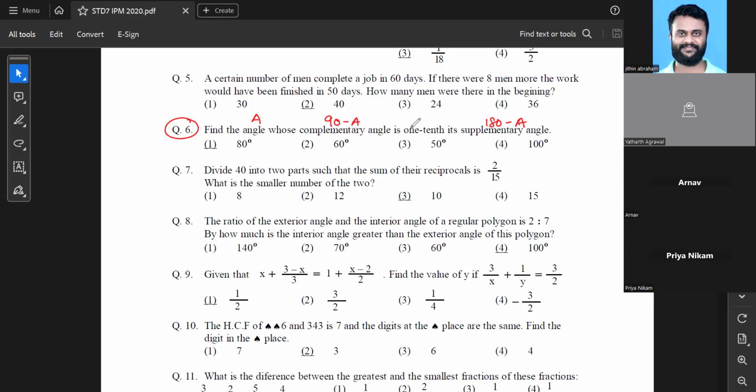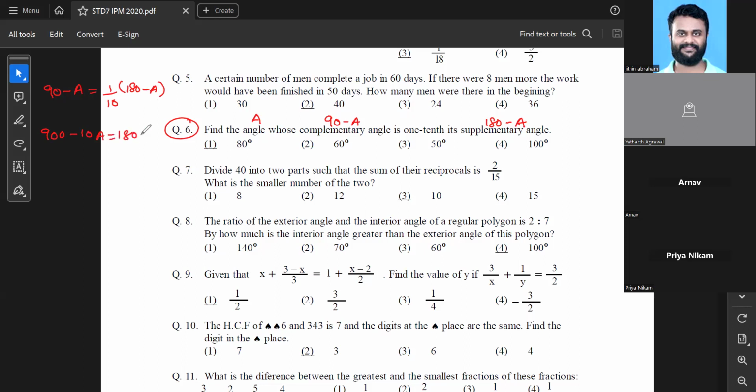Now the relation between them is 1/10. So I'm writing the relation: 90 minus A is equal to 1 by 10 of (180 minus A). When I multiply, this 10 gets multiplied with both 90 and A, so with 90 it becomes 900 and with A it becomes 10A.